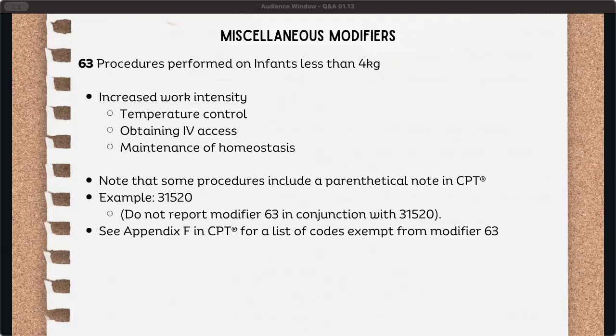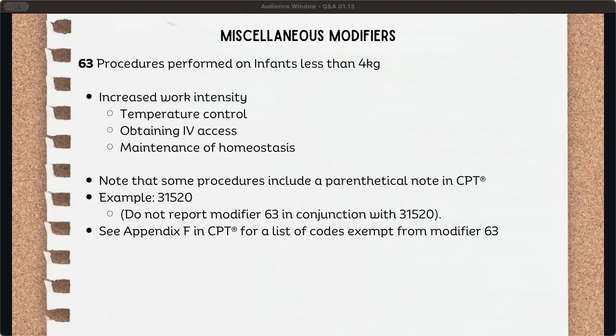So you have 2 instances when you would not use a modifier 63 on a procedure on someone that's less than 4 kilograms. Example number 1 is if you have in CPT code 31520, you have a parenthetical instruction that states not to report modifier 63 in conjunction with 31520.